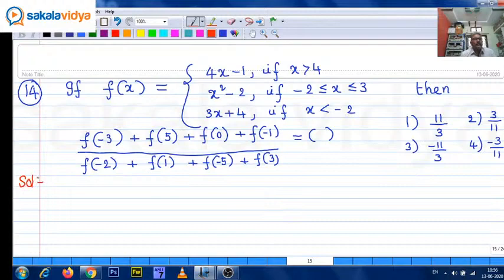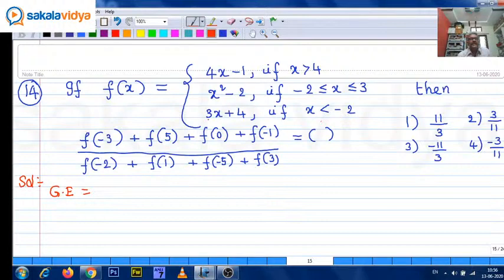Solution. See, this is called the given expression. Let us say the given expression is equal to f of minus 3. Minus 3 means x comes under this interval because x less than minus 2. Minus 3 belongs to the interval x less than minus 2.